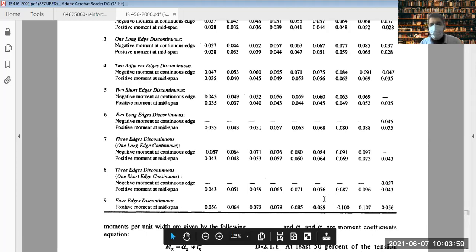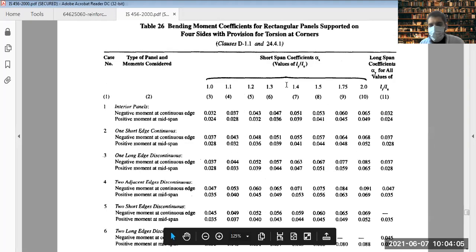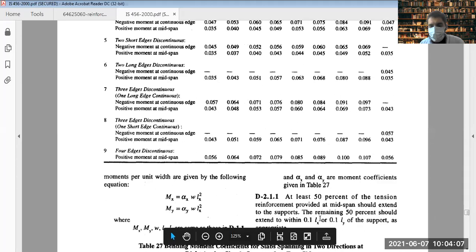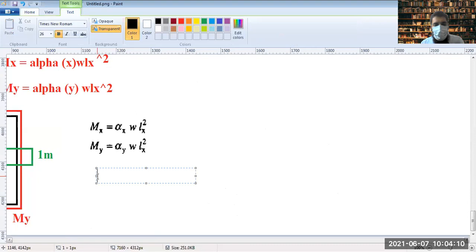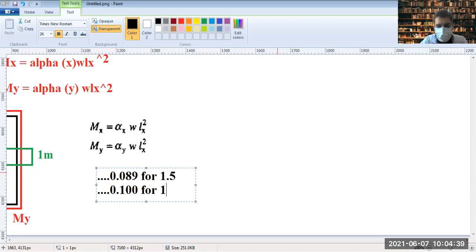For a torsionally restrained slab, alpha x is 0.089 corresponding to 1.5, and it is 0.100 for 1.75.